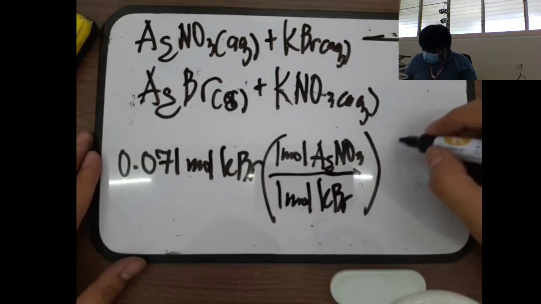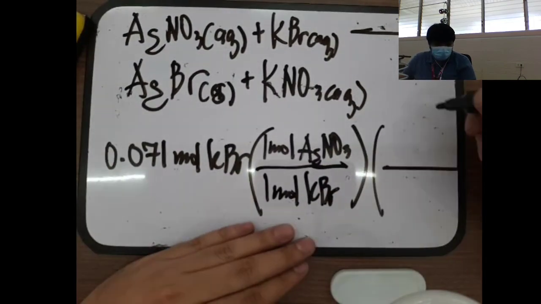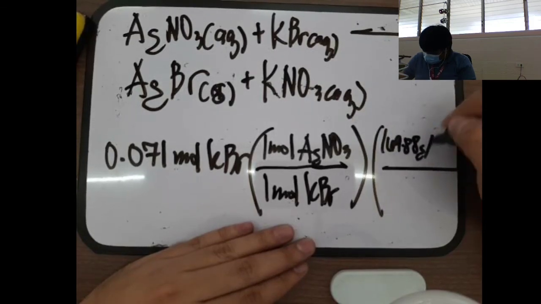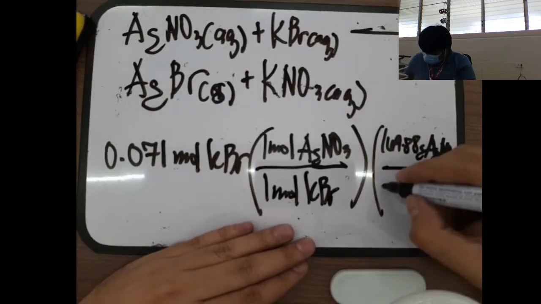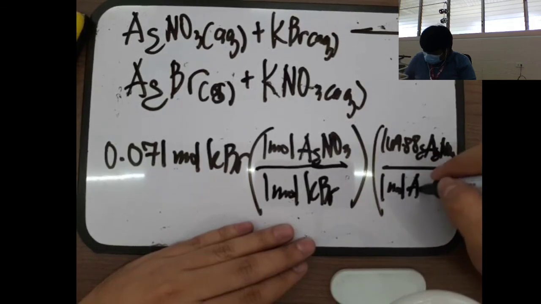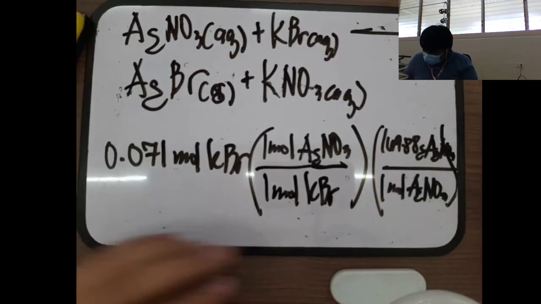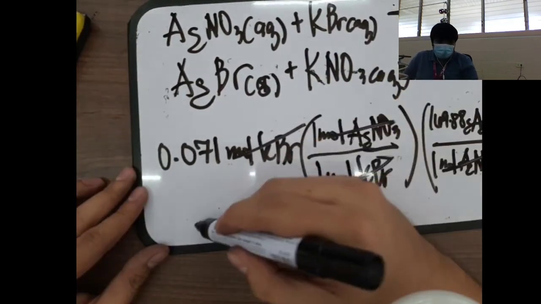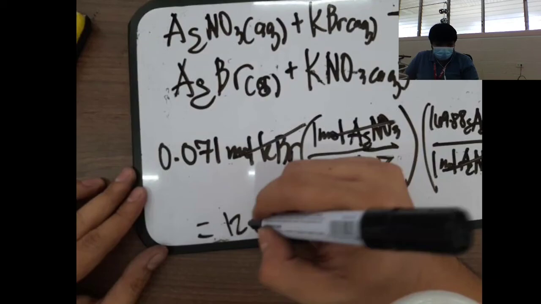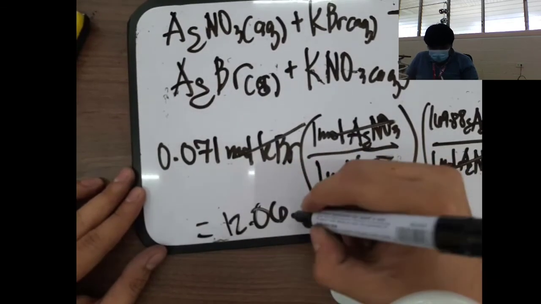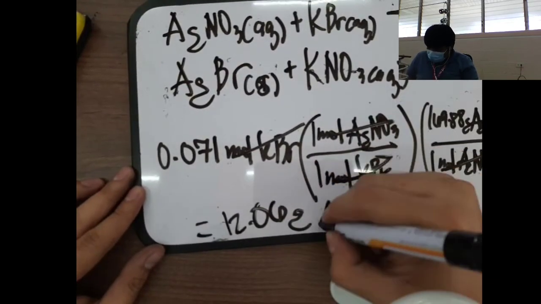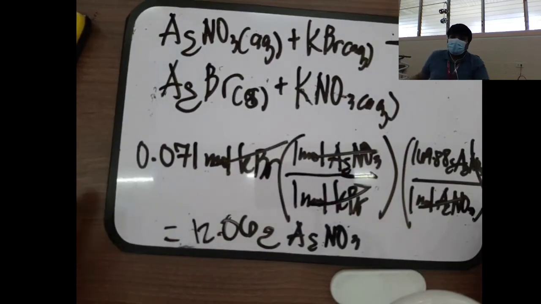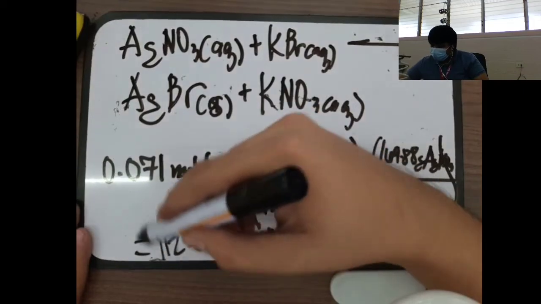Then convert this to grams, which is 169.88 grams silver nitrate over 1 mole silver nitrate. Cancel out all the units, and what you get is 12.06 grams of silver nitrate. So that will be your answer.